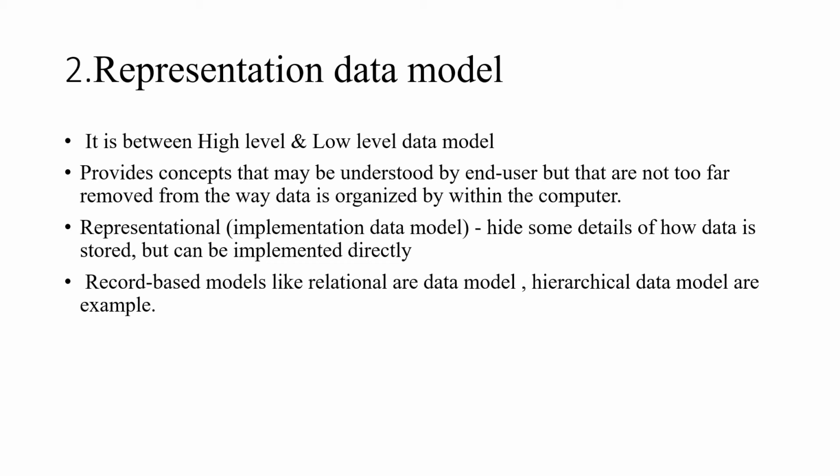Entity relationship data model is an example for the high level or conceptual data model. Record based data models, that is relational data model, network data model, hierarchical data model, are examples for the representational or implementational data model. We will study in detail all the different types of model.